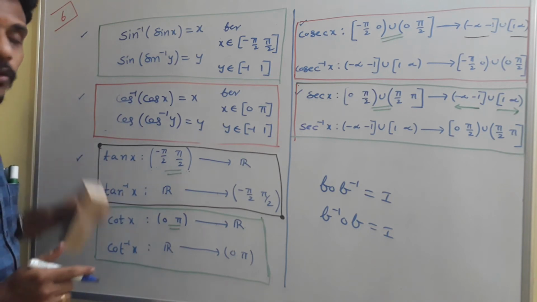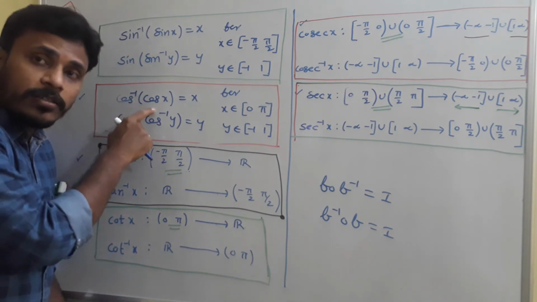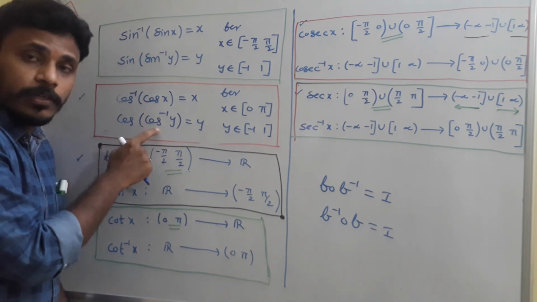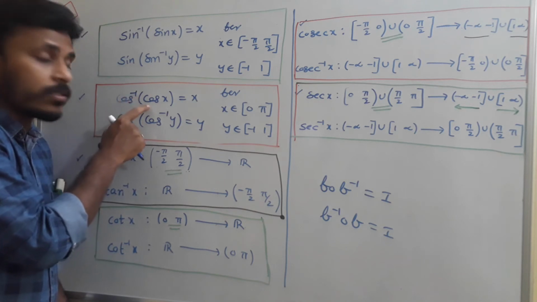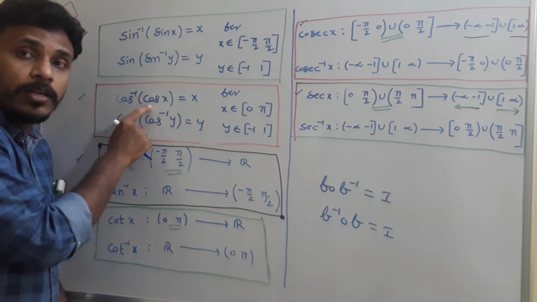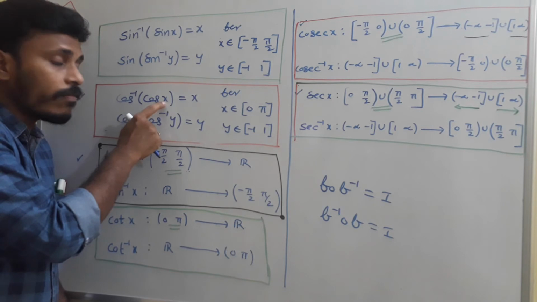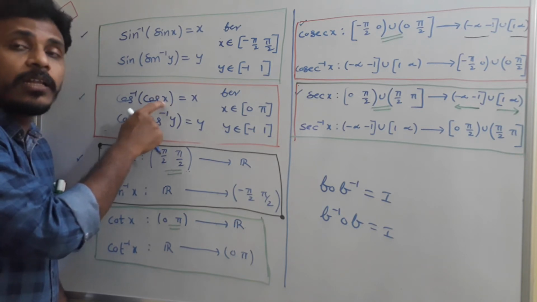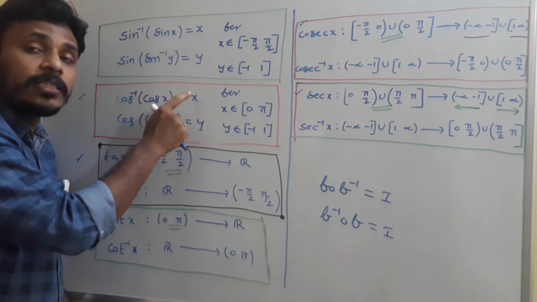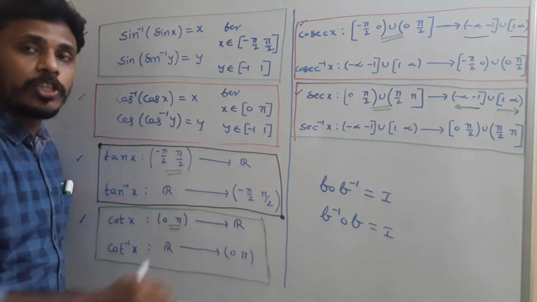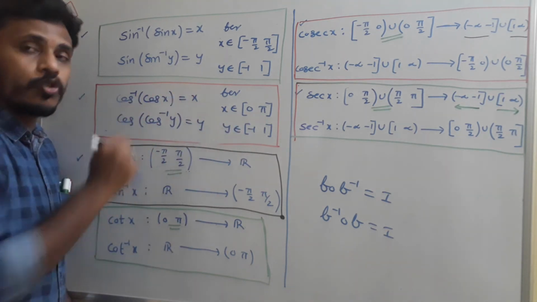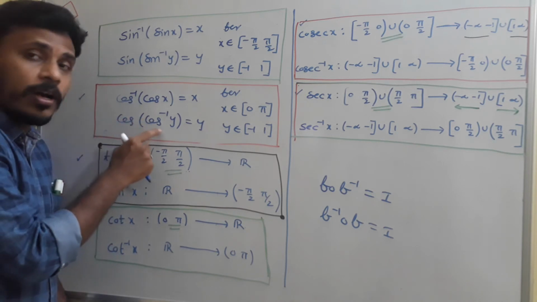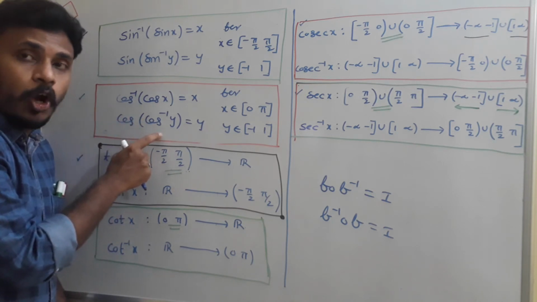As I mentioned, see cos inverse of cos as well as cos of cos inverse. In cos inverse of cos, in the bracket we have cos. For that cos, the inputs are angles. So the input is an angle, the output is an angle. That angle must be between 0 and pi, then only this is true. And for cos of cos inverse, in the bracket it is cos inverse.